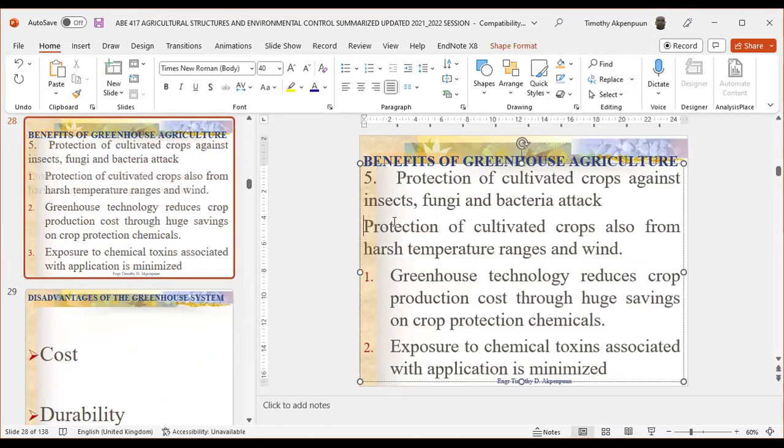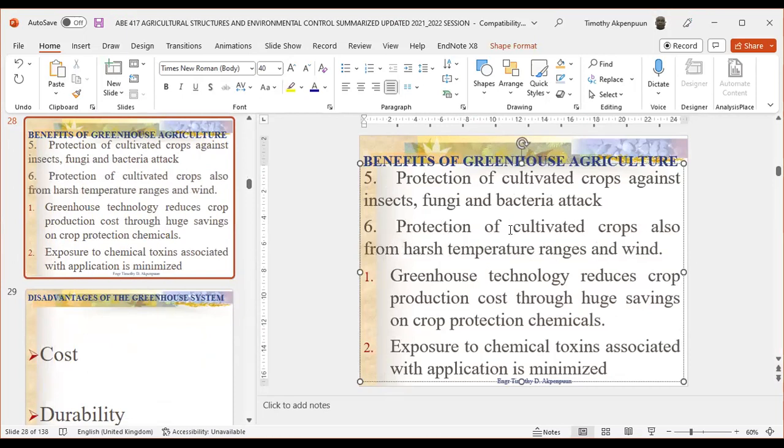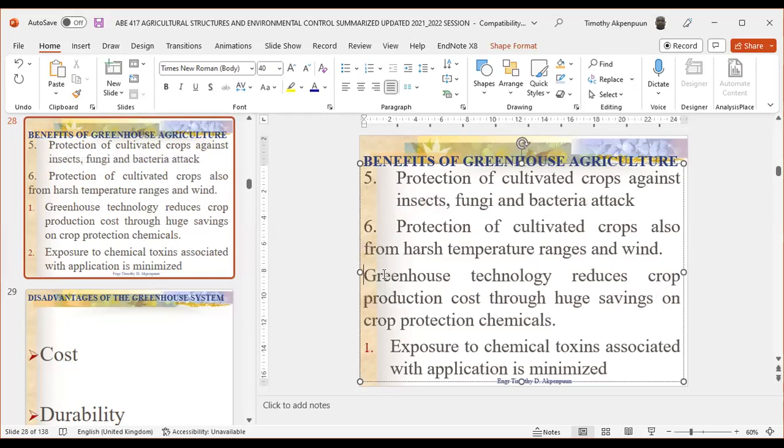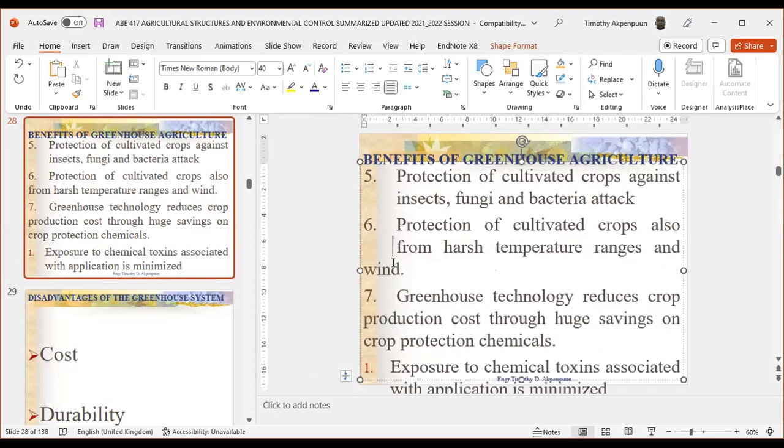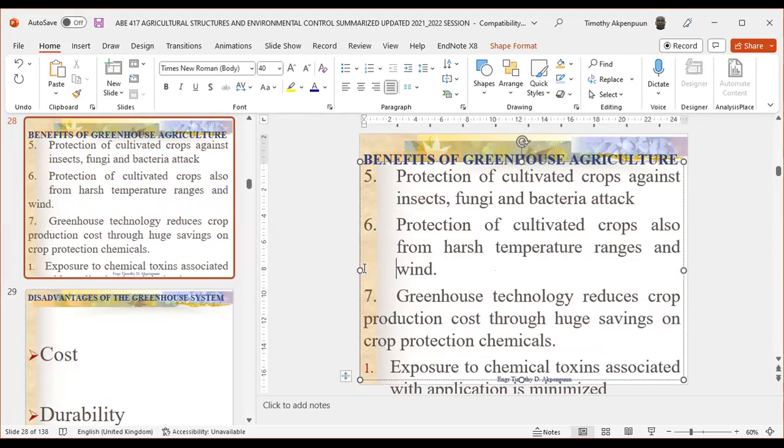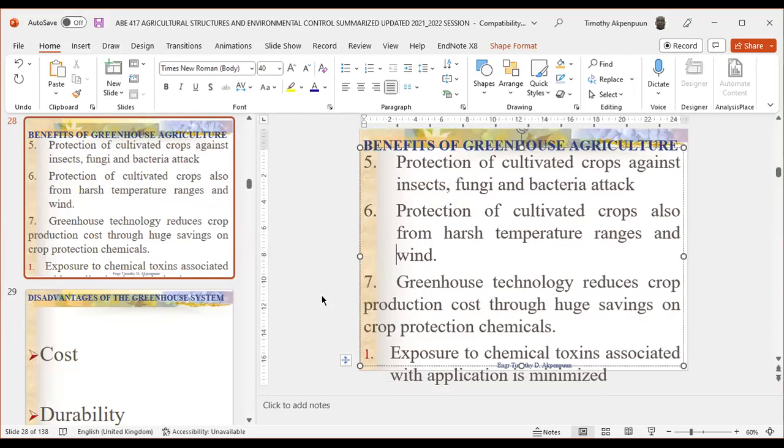Yeah, this one says protection of crops against insects. That's straightforward. Protection of cultivated crops also from harsh temperatures. That's straightforward, simple and straightforward. Greenhouse effect reduces crop production. Good. Point 7.